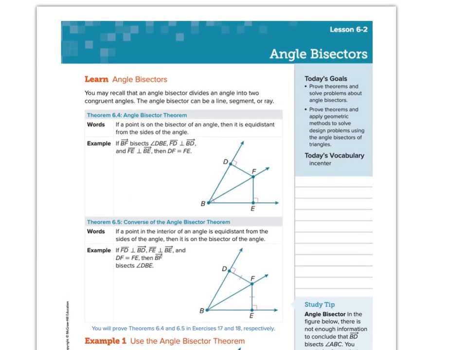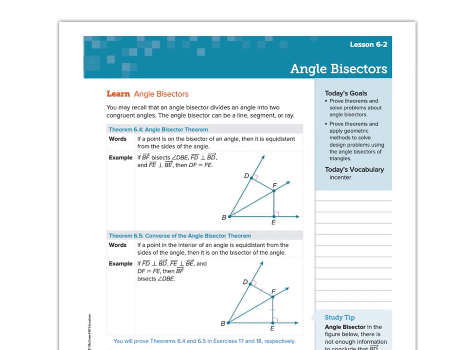For angle bisectors, the angle bisector theorem states that if a point is on the bisector of an angle, then it is equidistant from the sides of the angle. So if this angle is equal to this angle, then D and E would be equidistant from point F. There you go.